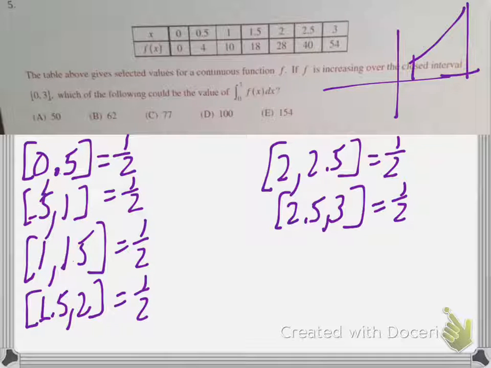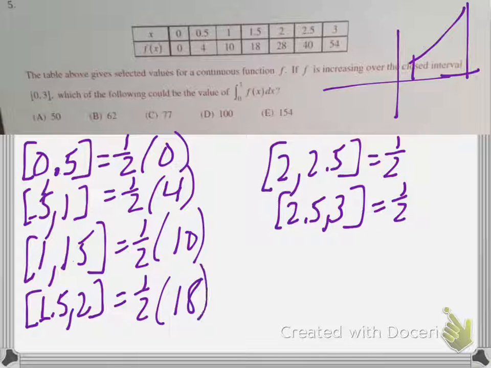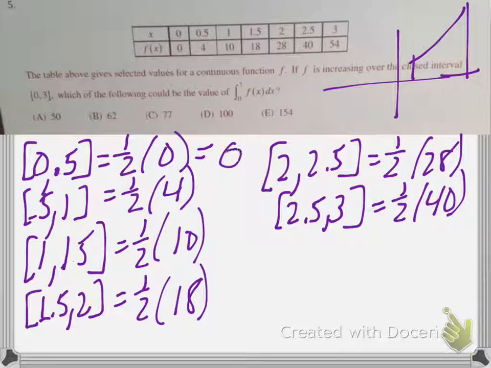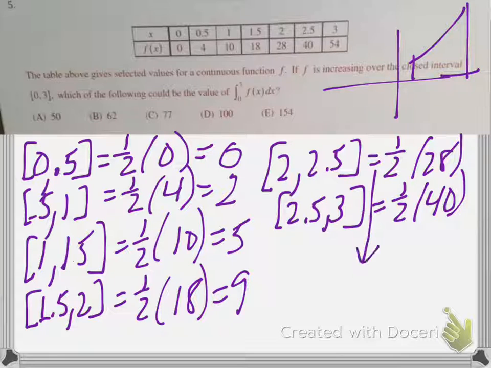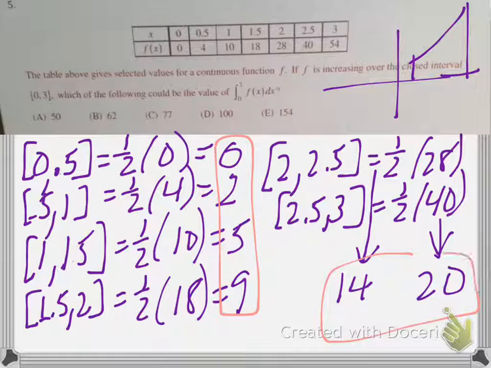And I'm taking it from the left. So I'm going to have 0, 4, 10, 18, 28, and 40. Okay, so this is going to give me the following values. This one up here is going to be 14, and this one here is going to be 20. Okay, so I'm going to add all these numbers with these numbers, okay?